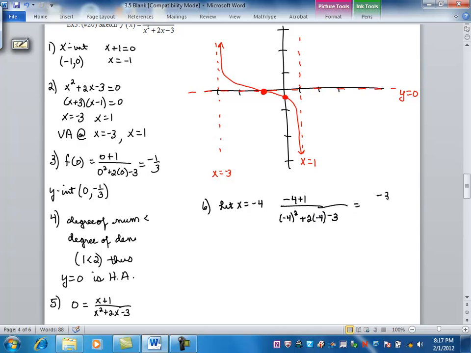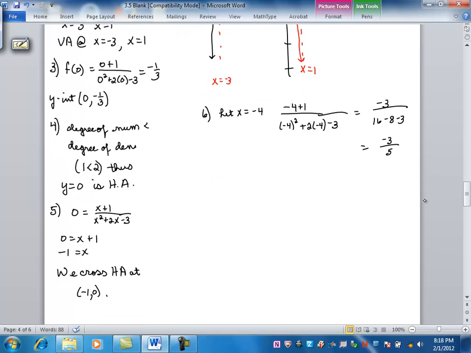Well, this is negative 3 over 16 minus 8 minus 3. So what do we have? Negative 3 over 16 minus 11. 16 minus 11, of course, is 5. So this is easy enough. We know this entire region then is going to be less than 0. Alright. And we need to pick a test point over here to the right of x equals 1. So I'm going to let x equal 2.